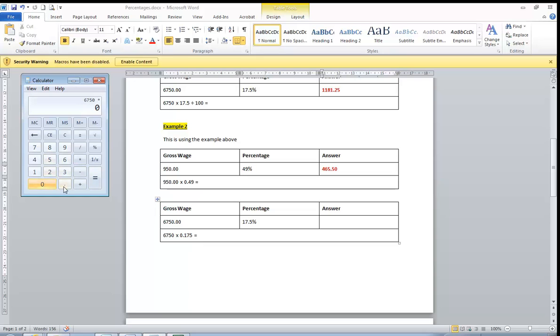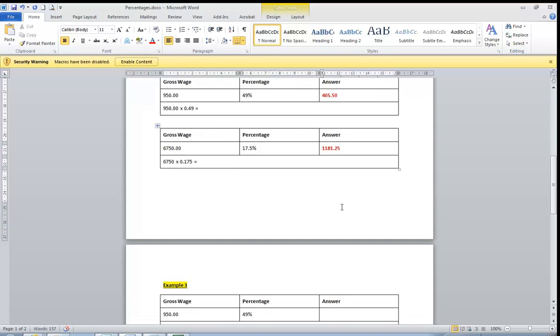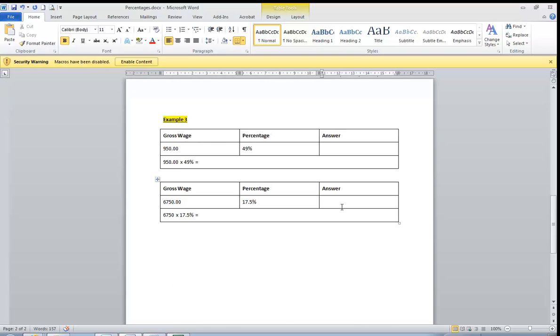So we're going to put that in, 0.175, which equals, again, the same answer that we got above, $1,181.25.